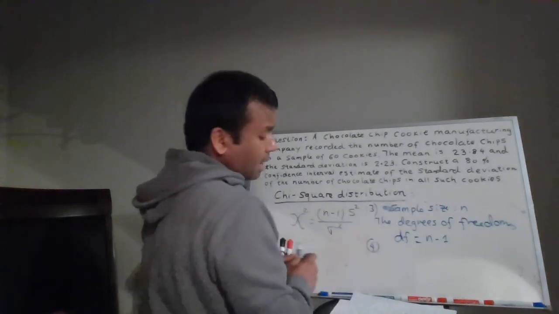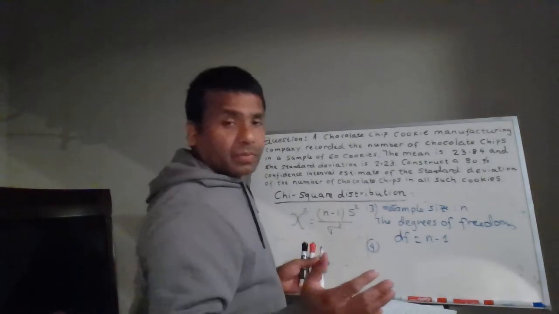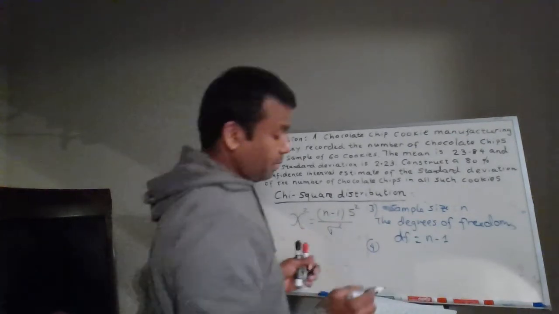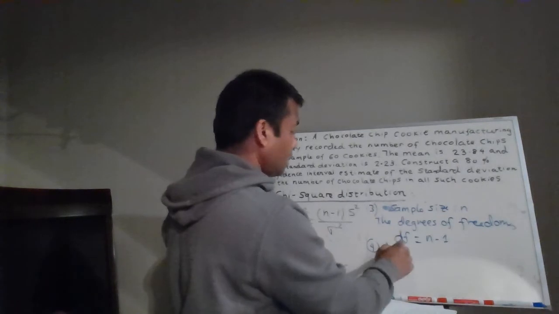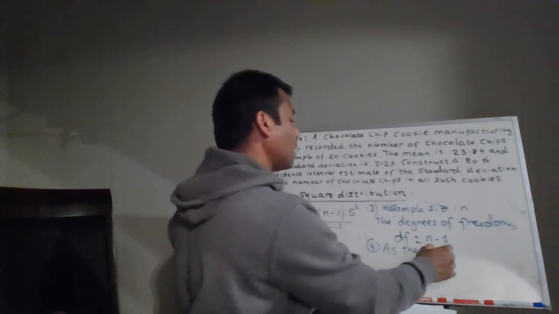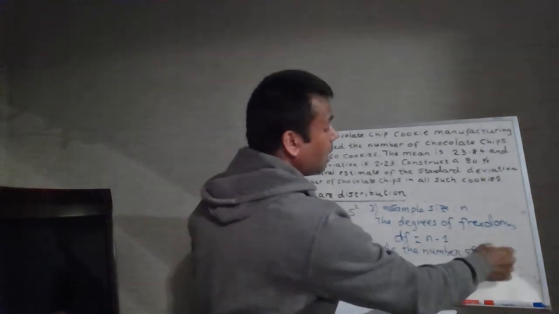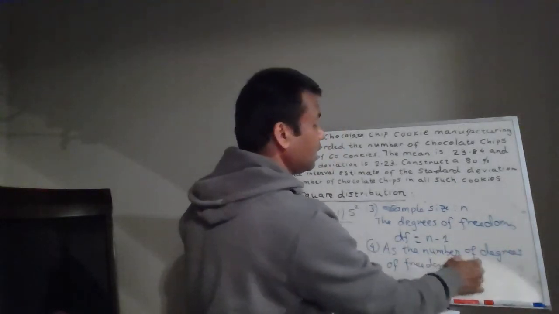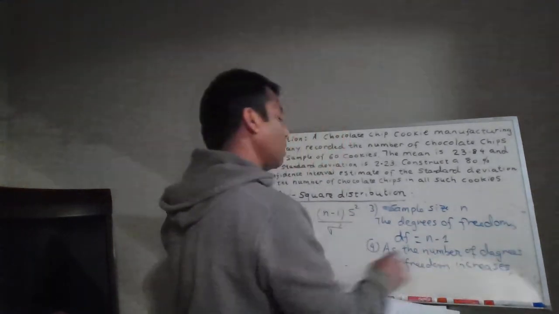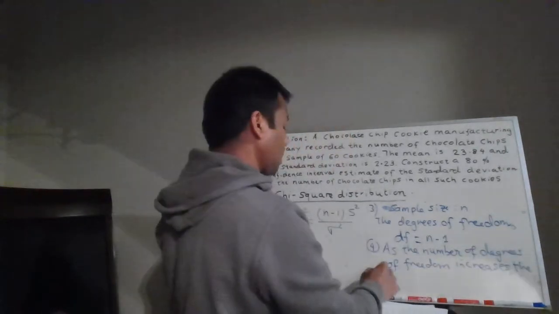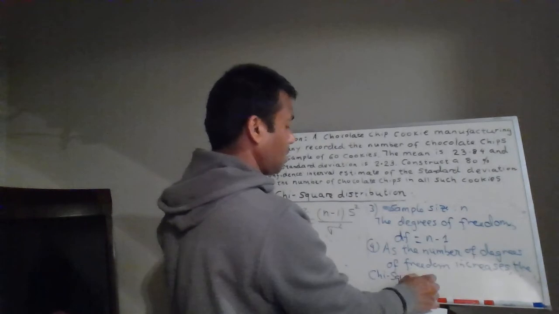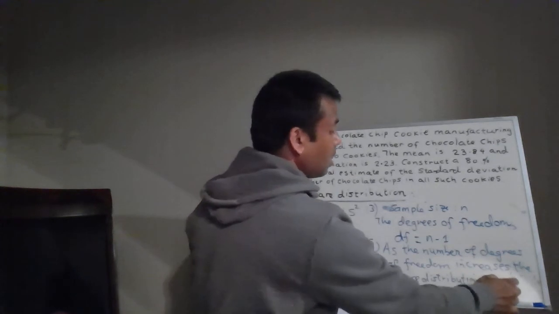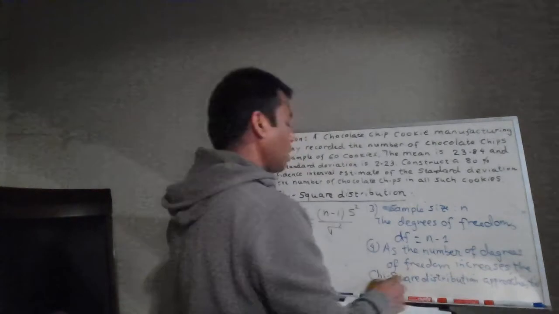And as the number of degrees of freedom increases, the chi-square distribution approaches the normal distribution.